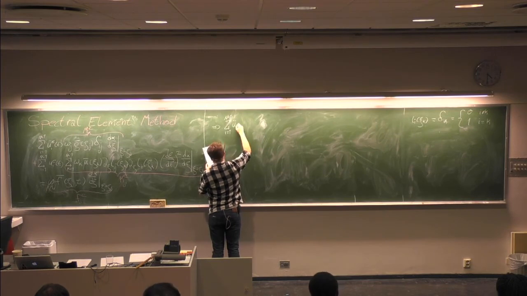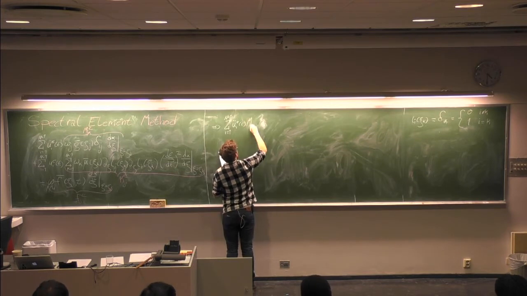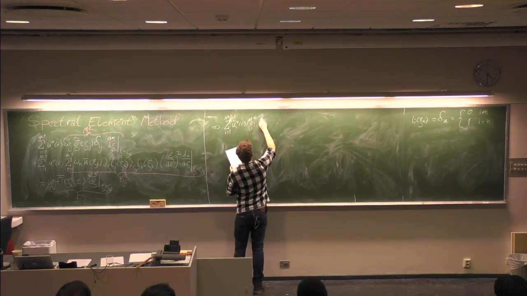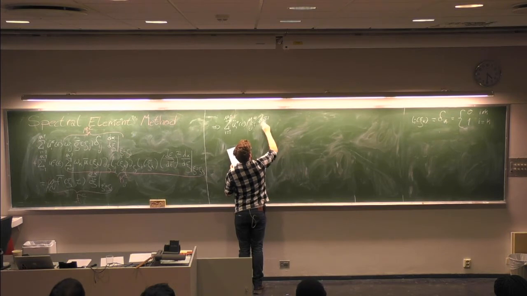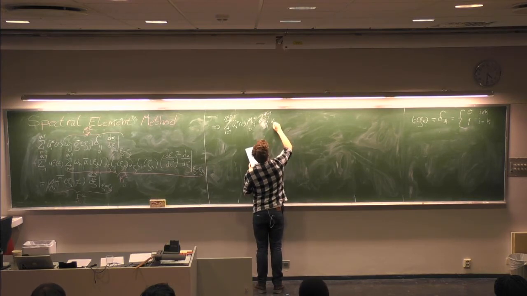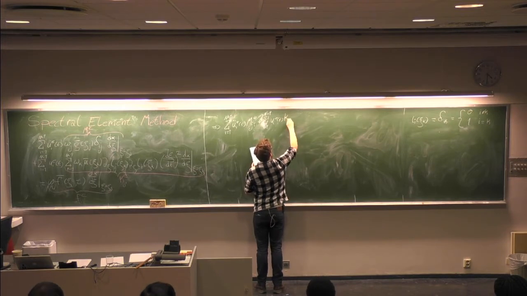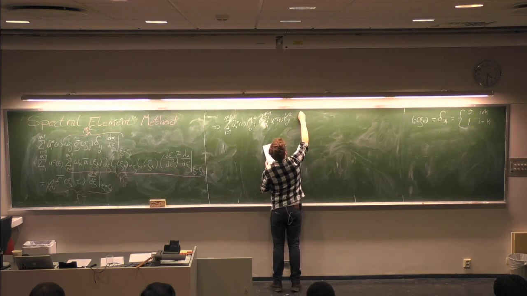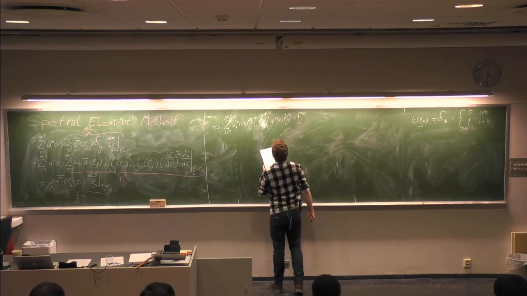Double dot I E T, J I, the element E, plus spring I E T K J I E, and then F J E is just a vector.